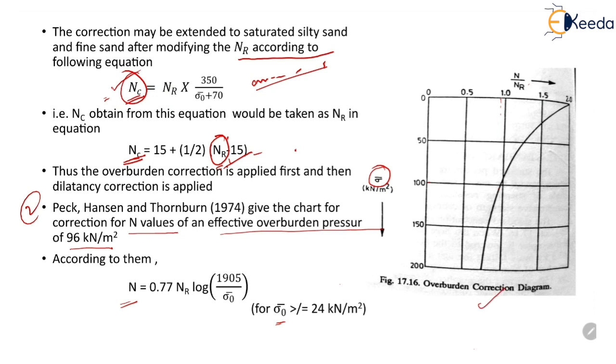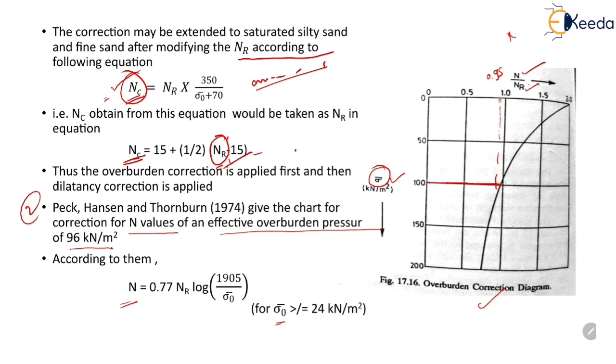So this is a chart given by Peck, Hansen and Thornburn. From this chart we can determine the value of N if we know the value of overburden pressure and the value of recorded standard penetration number. Suppose the overburden pressure is say 100, then the corresponding ratio will be suppose 0.95.